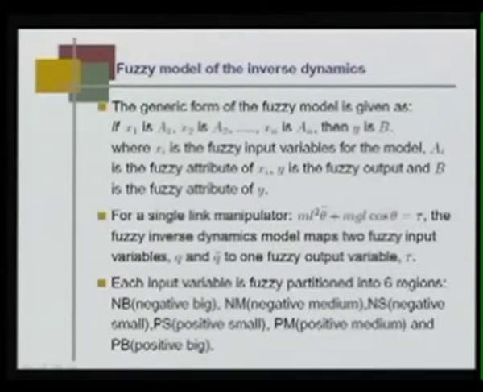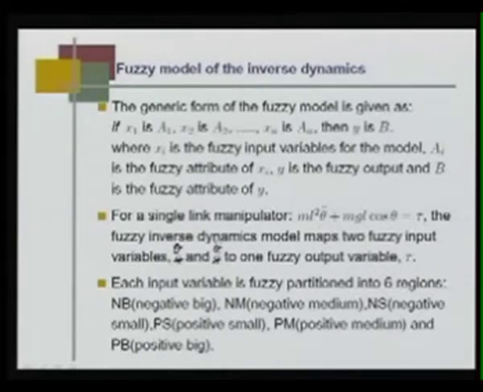For a single link manipulator, if I take m l square theta double dot plus m g l cos theta is tau, the fuzzy inverse dynamics model maps two fuzzy input variables, sorry, this is not q, this is theta and theta double dot, to one fuzzy output variable.